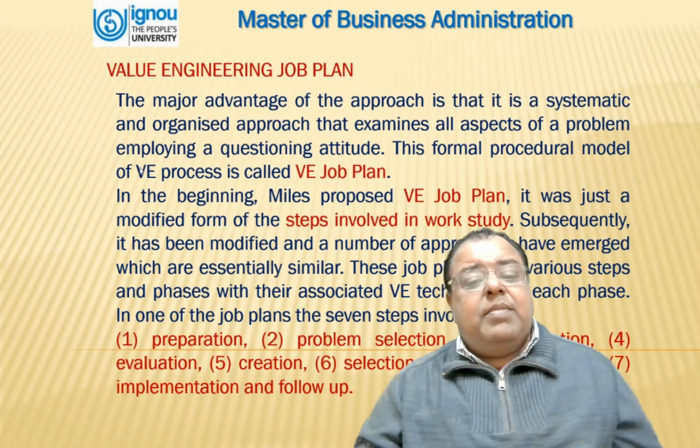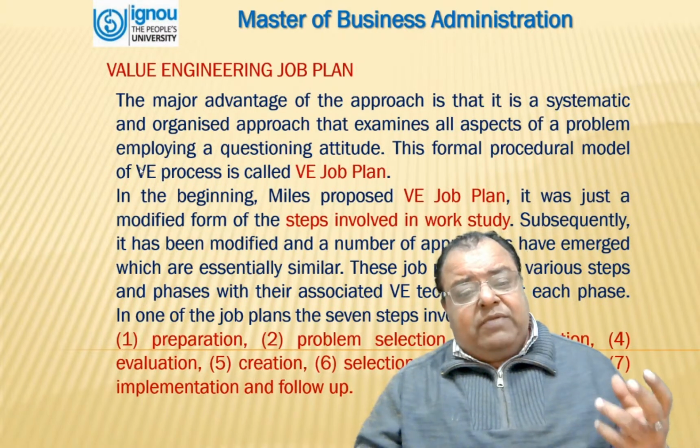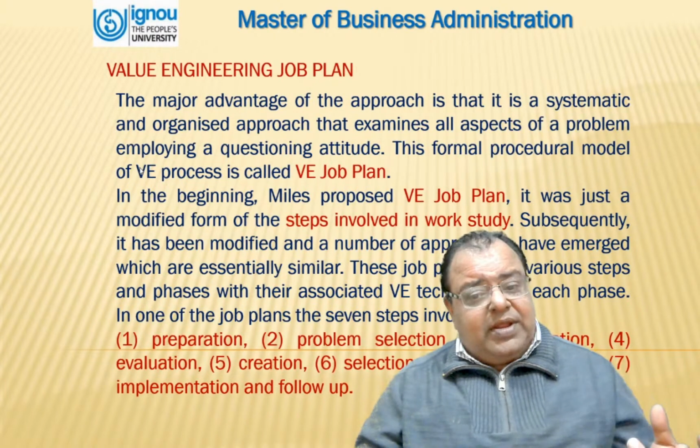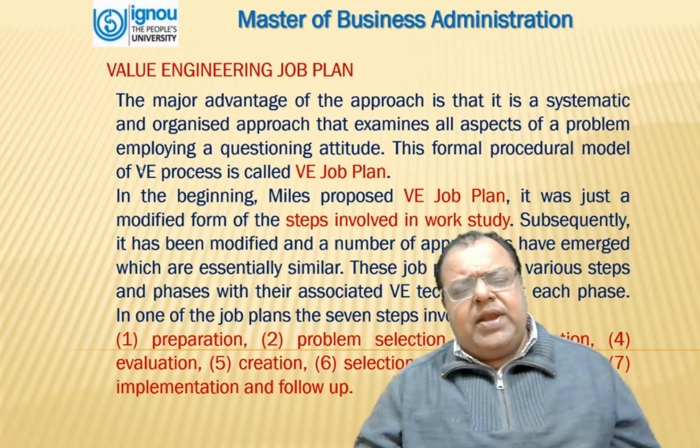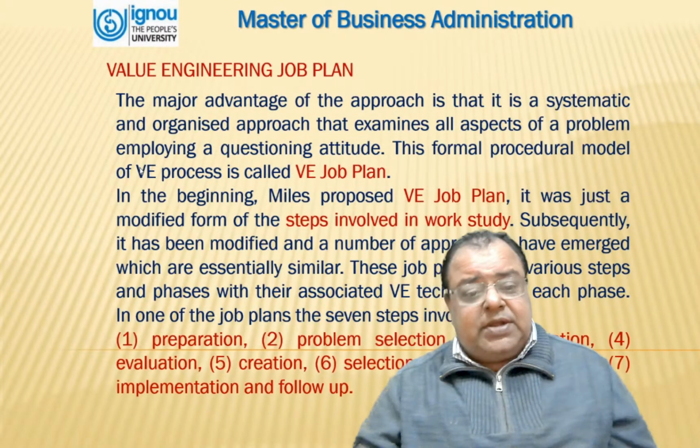In the beginning, Miles proposed the job plan. It was just a modified form of the steps involved in work study. Subsequently, it has been modified and a number of approaches have emerged which are essentially similar.